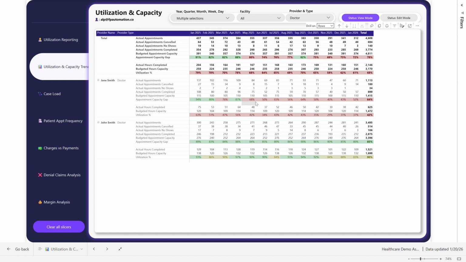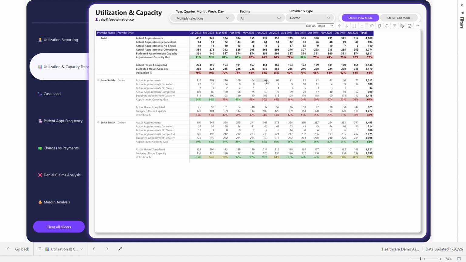And what we can see right here is that the capacity gap is 64%, meaning that we have 64% of our capacity in place on average. However, we have an issue where we don't have as many actual appointments coming in the door, enabling us to go work with the right teams to fill that gap.